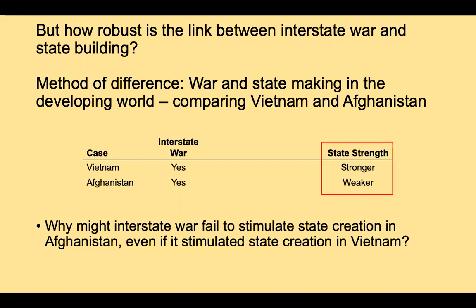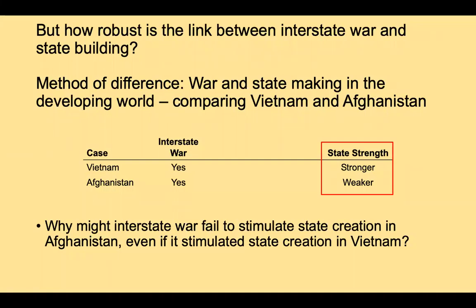And so we might be looking for a difference between these cases that could help to account for the variation in the state strength. So if they both experienced outside military intervention, that might not be what differentiates the cases. But that's a really important part of the story that will come into the narrative in important ways.